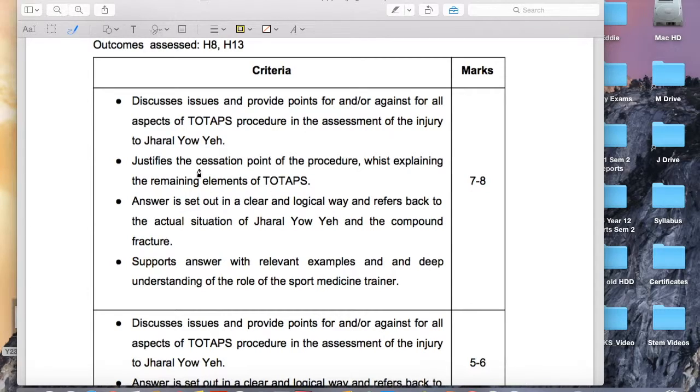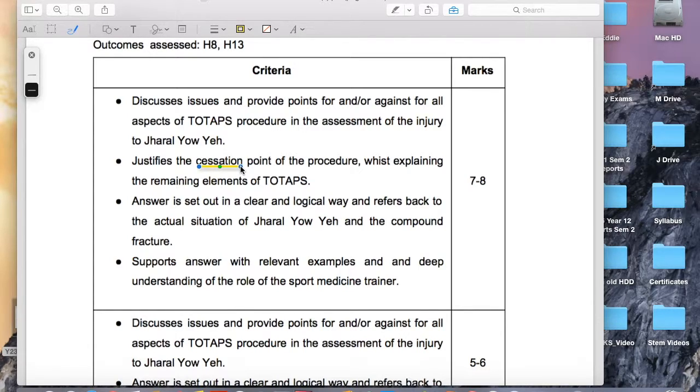So you need to make a decision about when toe taps would be ceased according to this injury, if you were the trainer. Usually you'd move the player off, and there'd be nothing else to discuss in terms of that.